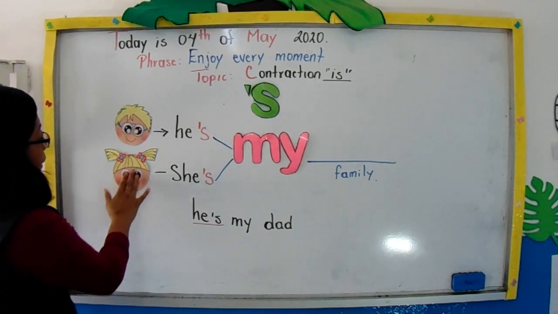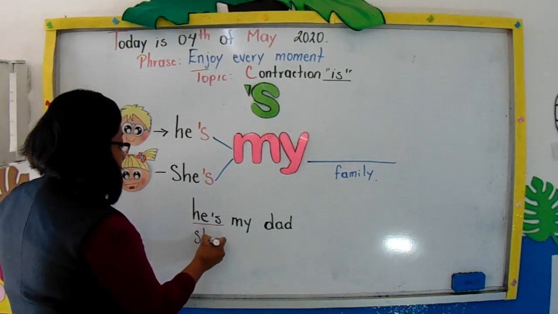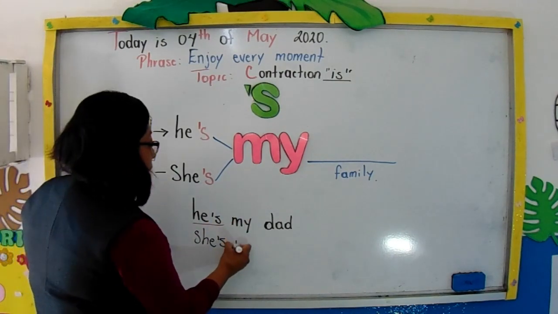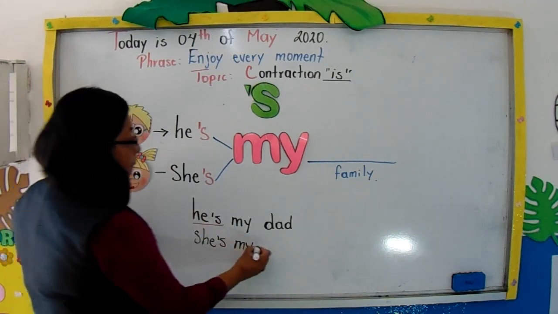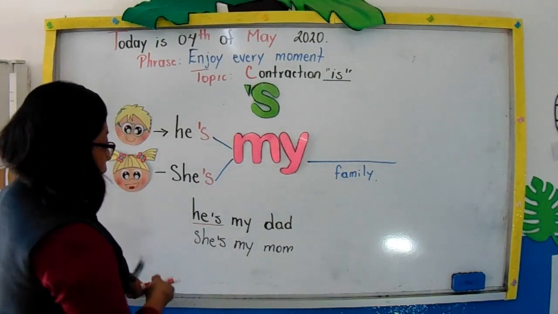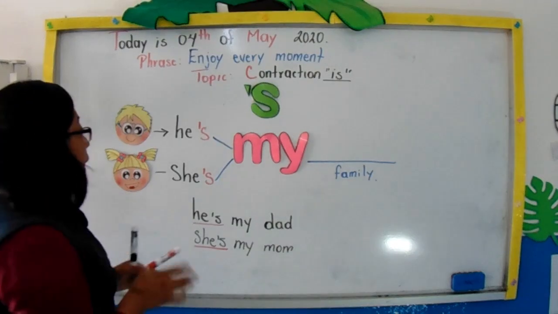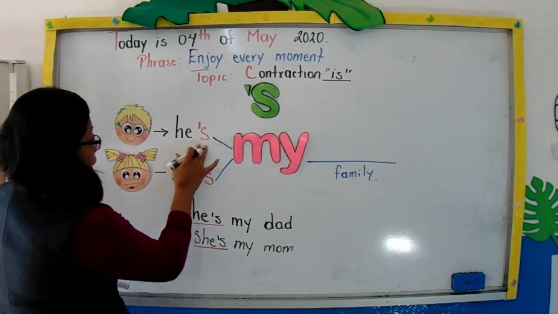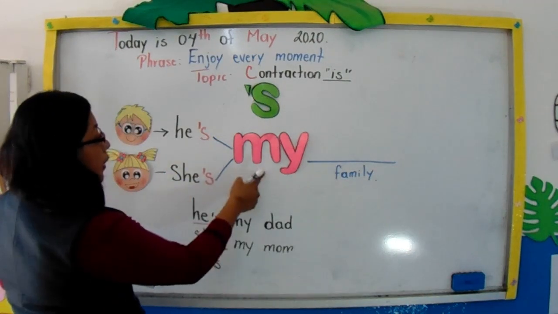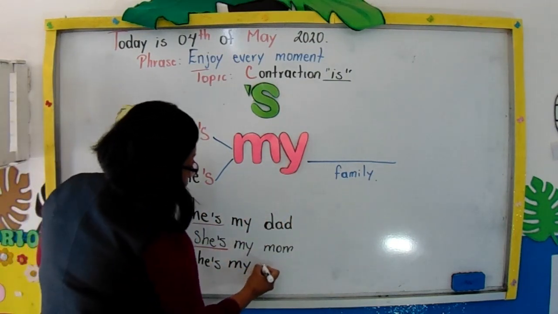Second example, what happens when I have a girl? So we have to start with she, but we are going to use apostrophe s. She's my mom, for example. She's my mom. Ella es mi mamá. Next, what happened when I have another example? We are going to use he's. In front of he's, we are going to use my and one member of my family.